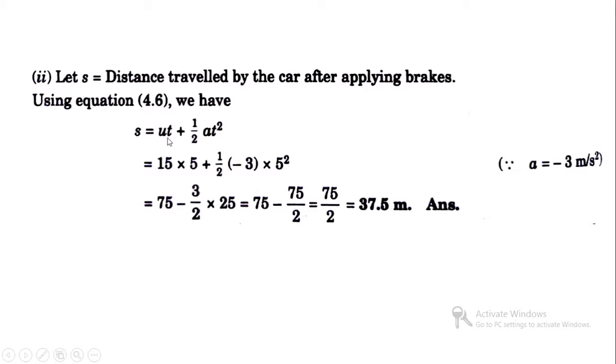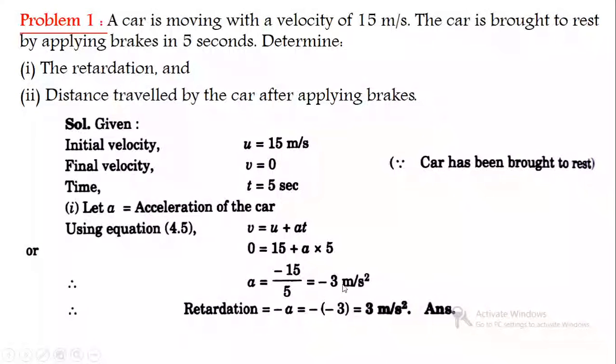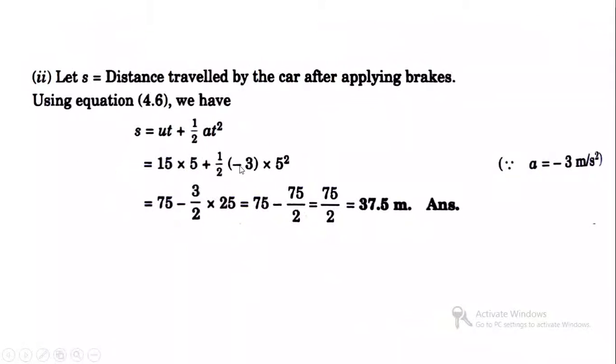Here the initial velocity is 15 and time is 5 seconds, plus 1 by 2 into acceleration, which is minus 3. For the acceleration, you don't apply the retardation value. The acceleration value is minus 3 meters per second squared. So, minus 3 into 5 squared.